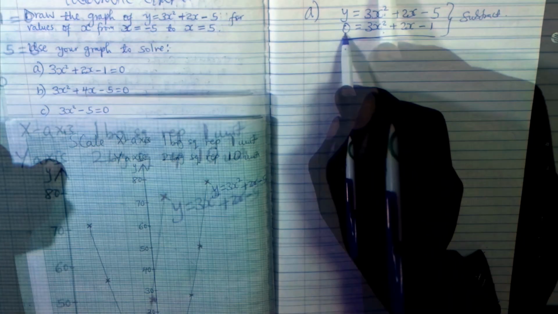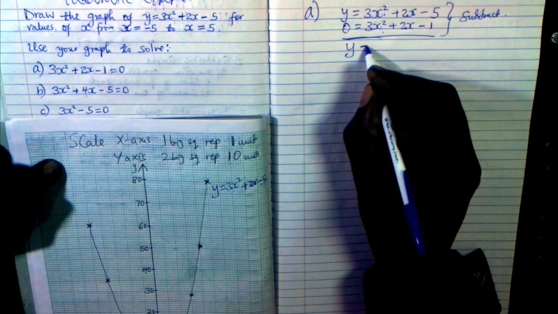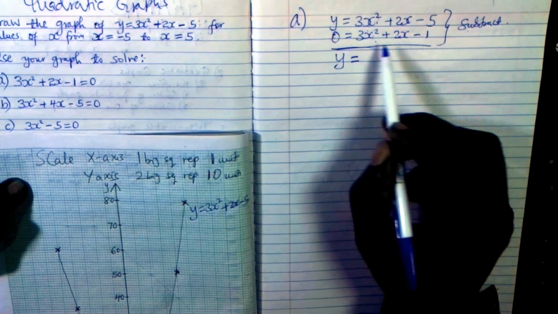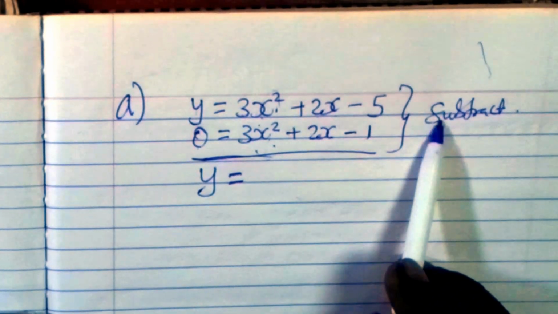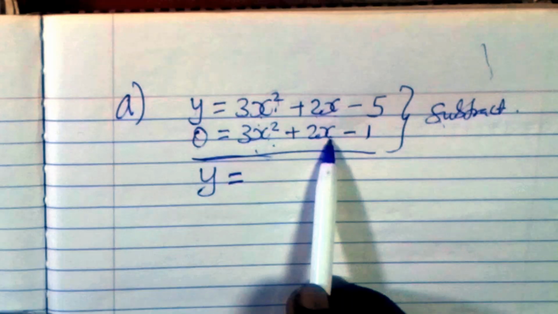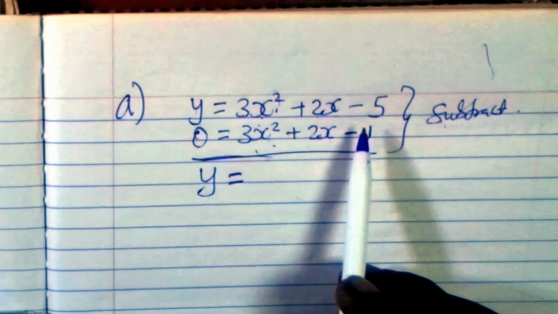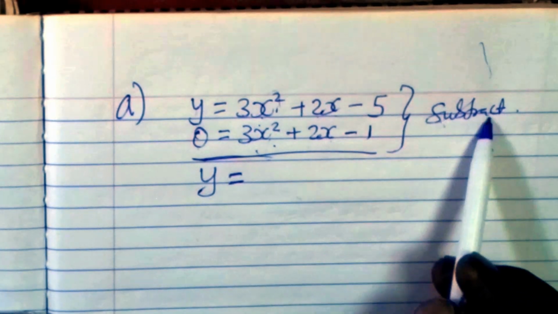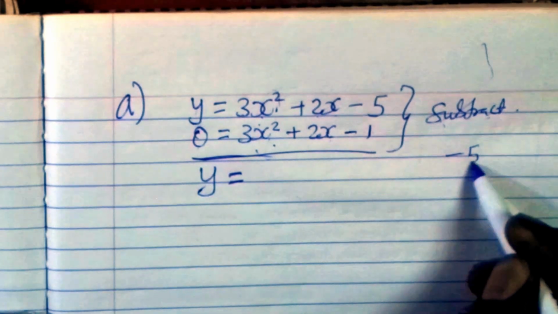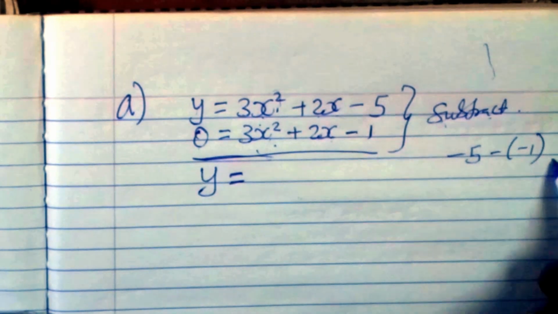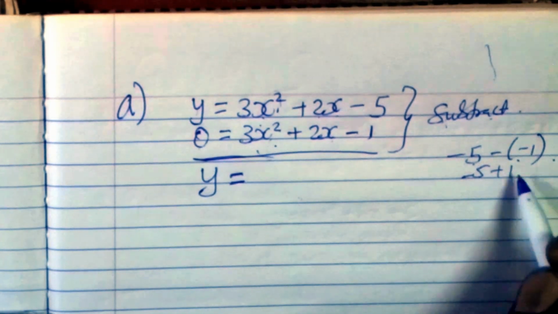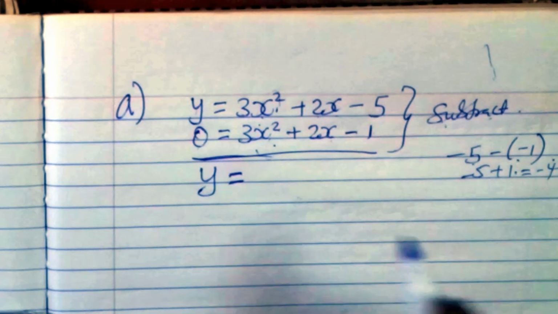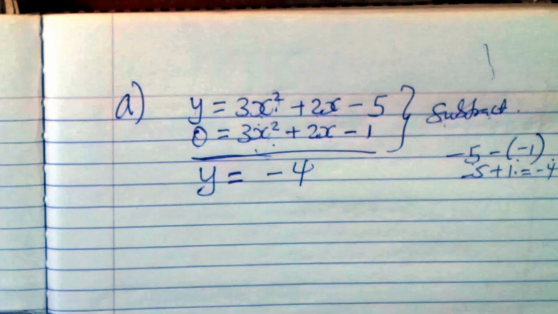So y minus 0 is y, 3x squared minus 3x squared is 0, 2x minus 2x is also 0, then minus 5 minus 1, so we end up getting minus 5 plus 1, which is minus 4. So y is equal to minus 4.